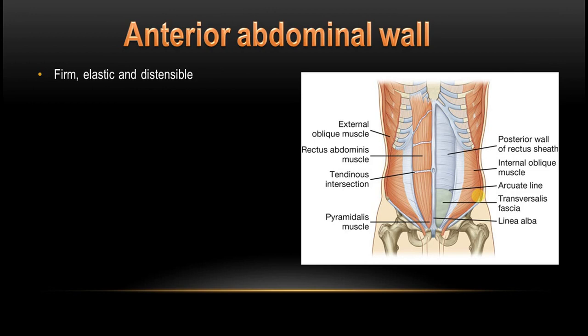It is a musculofascial wall, and as I told you, it is distensible, it has to yield and expand. There is no deep fascia. If there were a deep fascia in the anterior abdominal wall, deep fascia is mainly made up of collagen fibers. These collagen fibers are fibrous in nature. They don't allow expansion or distension. So that is why there is an absence of deep fascia in the anterior abdominal wall.